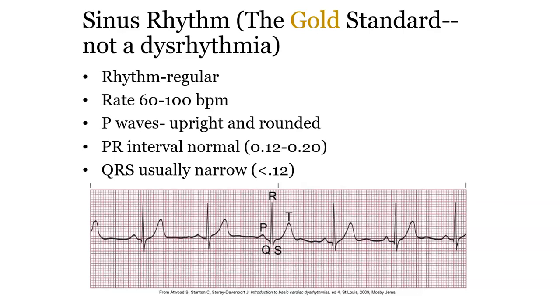Is the QRS narrow, meaning less than 0.12 seconds? So we said 0.12 seconds is 3 boxes. Is it smaller than 3 boxes? If we measure from the beginning of the Q, where the Q starts to go down, to where the S wave comes up to the J point, it should be less than 0.12 seconds. We can go through those 5 steps and know that this is a sinus rhythm.